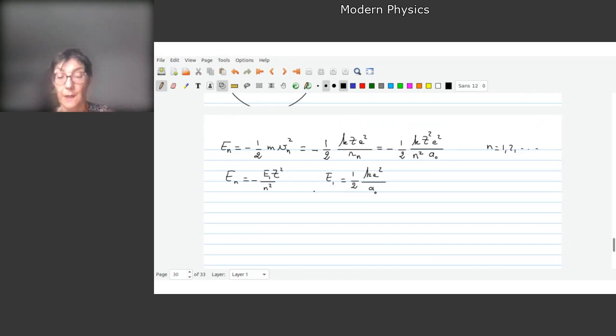And so what we have now is called the ground state.